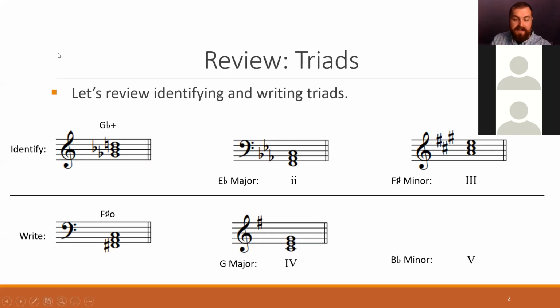Try another one now. B flat minor. Think of your key signature. We need the 5 chord. Hint, look at the quality of the 5 chord. 30 seconds.